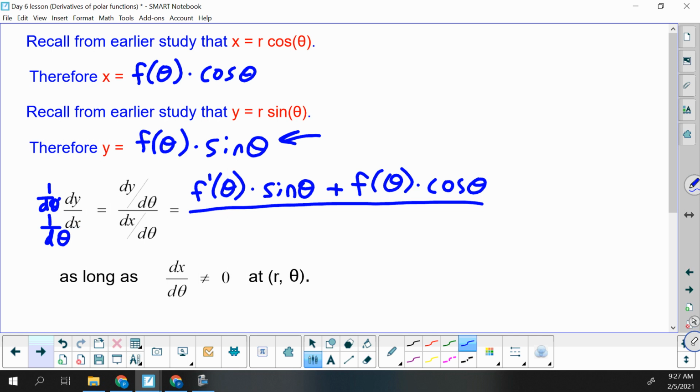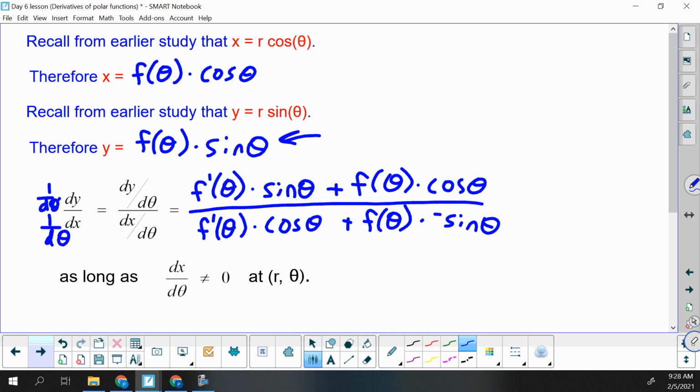Now for dx over d theta, we'll use f of theta cos theta. So we'll have the derivative of our radius, f prime of theta, times regular cos theta, plus the regular radius, f of theta, times the derivative of cos theta, which is negative sine theta. Now this is all assuming that dx over d theta is not 0, because that would make it undefined.